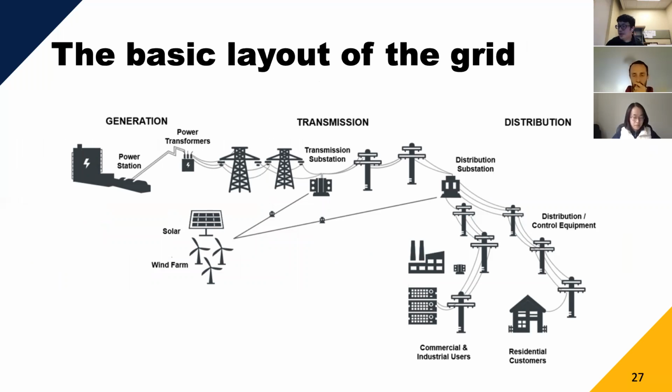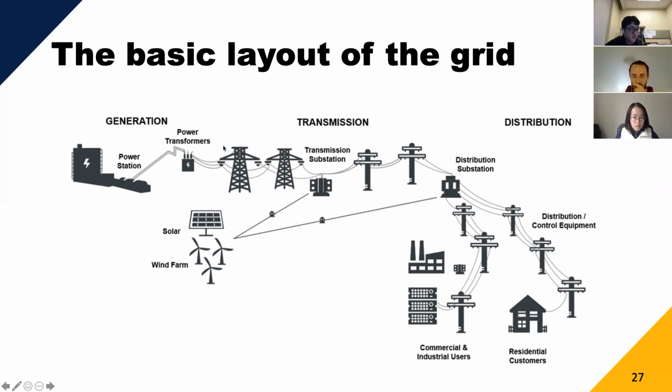Okay, so basic layout of our electricity grid. We talked about electricity getting produced by your power plants and eventually getting transmitted all the way down to its end use. And so the way this works is it has to go through transformers, step up in voltage, goes over these really large scale transmission lines.